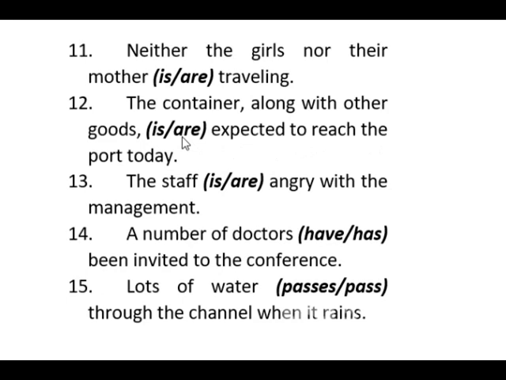Why is this sentence challenging? You will notice that the first subject, the container, is singular. But along the sentence, we now have goods, plural. So most times, we find it difficult to know whether we should use is or are. Remember, we'll find solution to this problem in one of our subsequent videos.